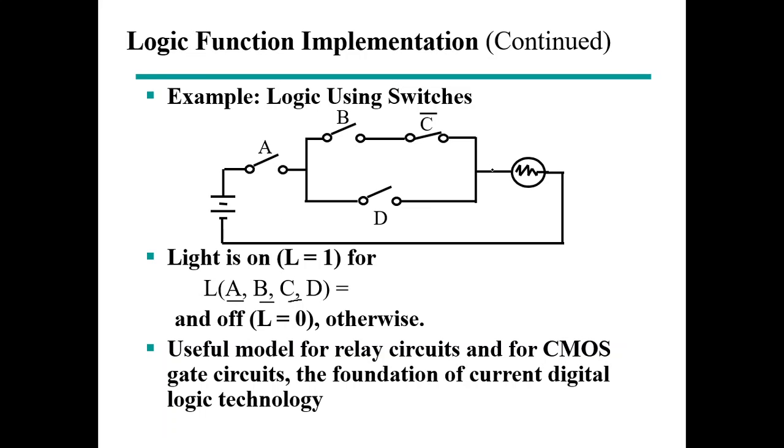switch की state is important in determining कि ये light bulb जलेगा या नहीं जलेगा. ठीक है? तो light कब on होगा? तो लाइट तब ऑन होगा जब हमारा स्विच ए ऑन हो, और स्विच ए के साथ सिर्फ स्विच ए के ऑन होना काफ़ी नहीं है, इन दो में से किसी एक पाथ का एक्टिव होना ज़रूरी है. ठीक है? तो स्विच ए का तो एक्टिव होना ज़रूरी ही है, फिर बीच में जो और दो पाथ्स हैं उनमें से किसी एक का होना ज़रूरी है. तो A would be ANDed with the OR of either of these two. ठीक है? तो या D ऑन हो, ठीक है, अगर D ऑन नहीं है तो फिर ये वाला ऑन हो, यानी B ऑन हो या C बार जो है वो ऑन हो. ठीक है?